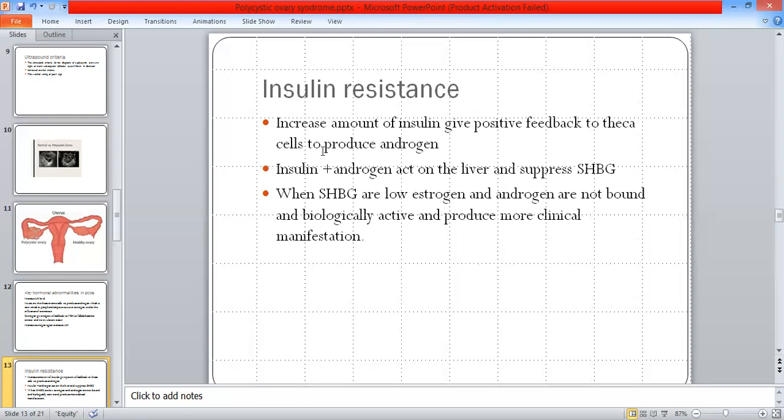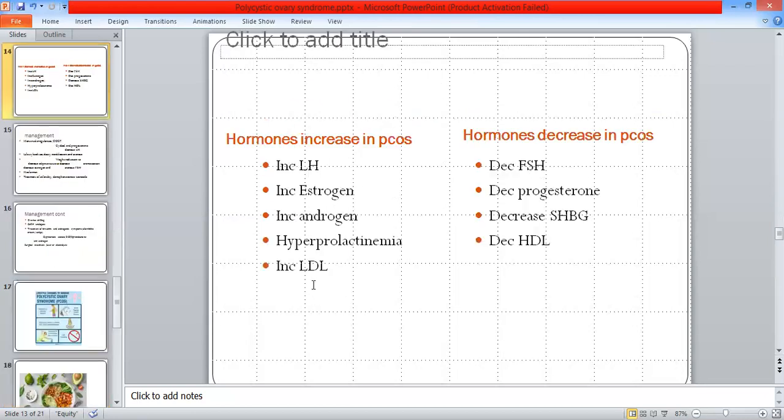So this is very important, that insulin resistance in polycystic ovary disease. Now, just a review of which hormones are increased in the patient suffering from polycystic ovary syndrome and which are decreased.